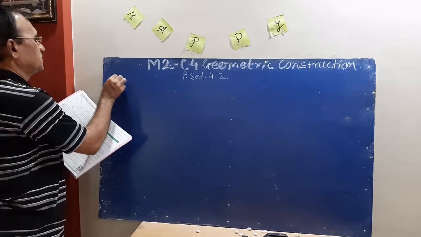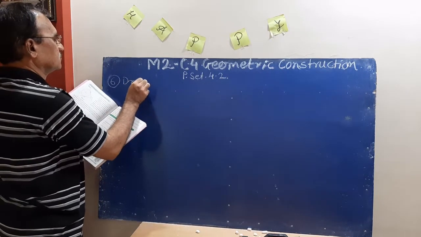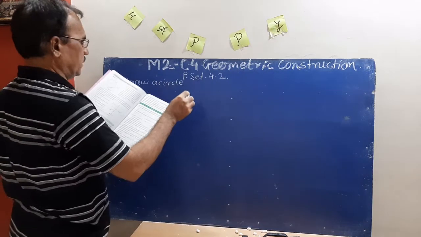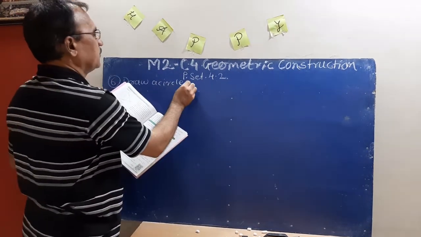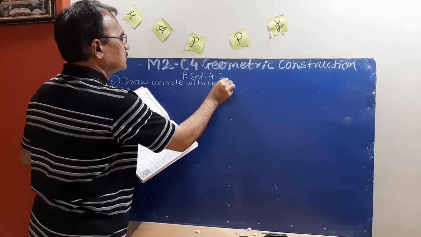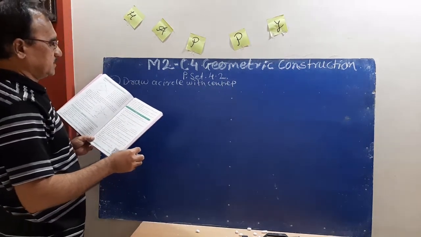Construction number 6 from the textbook. Draw a circle with center P and radius 3.4 cm.